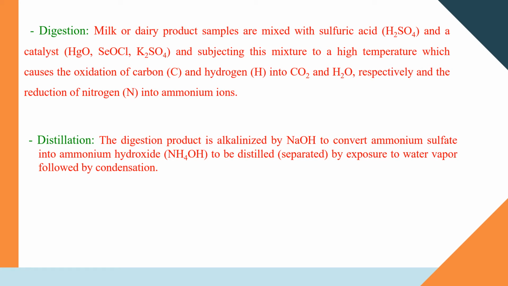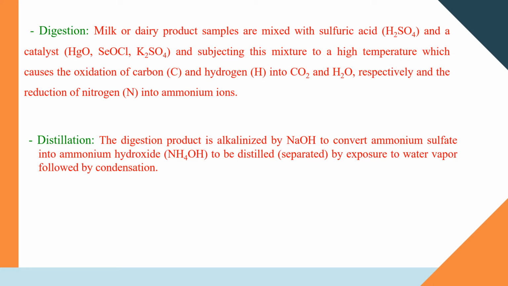So when ammonium hydroxide is exposed to vapor, it can leave the solution in the form of a vapor within the vapor. Then this vapor containing ammonium hydroxide is condensed.